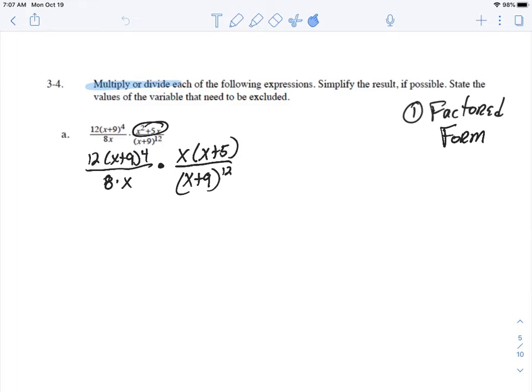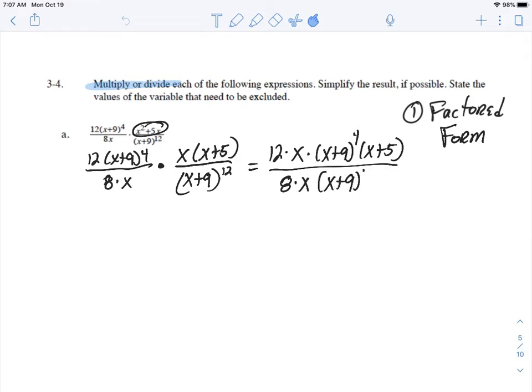When I multiply all this together, what I get is 12 times x, remember multiplication order doesn't matter, times x plus 9 to the 4th power times x plus 5, all over 8 times x plus 9 to the 12th power. Well, my x's cancel, I can easily see that.